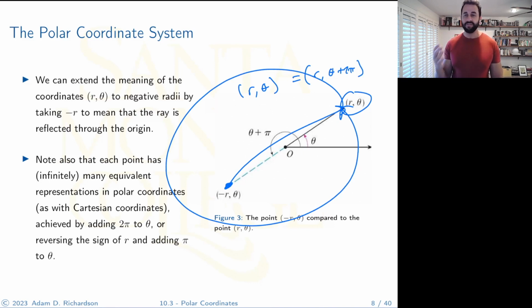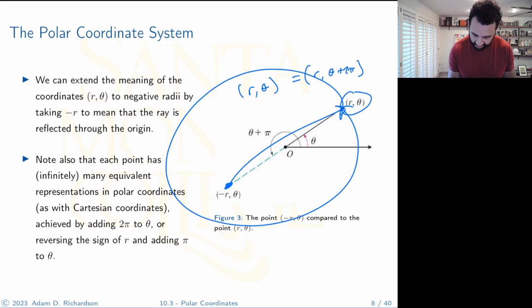This idea of having infinitely many representations might seem a little bit weird, or you might feel like it's unusual, but I want to assure you that it's actually not unusual at all, and that even with the Cartesian coordinate system, every point has infinitely many representations. The easiest example is just to think of equivalent fractions. So let me give you this example up here.